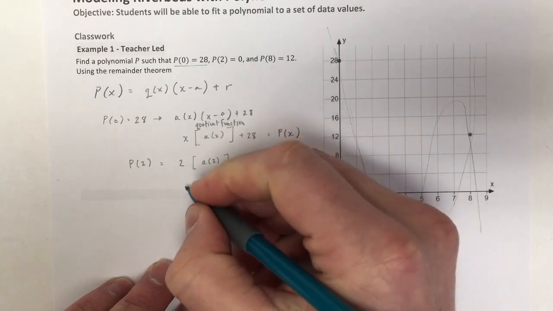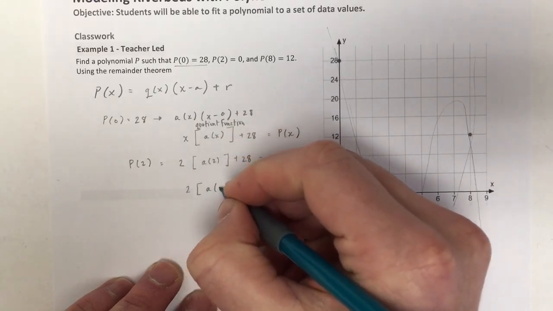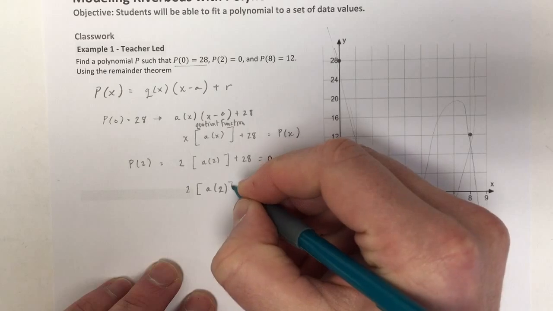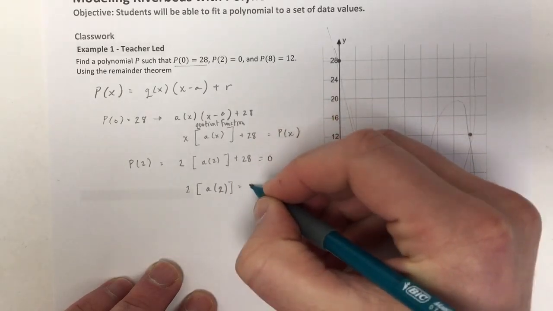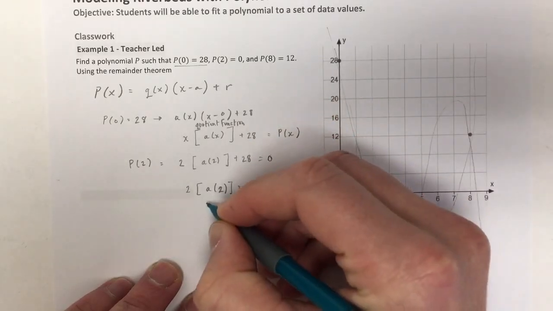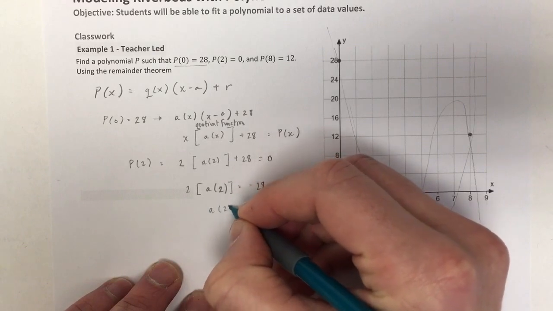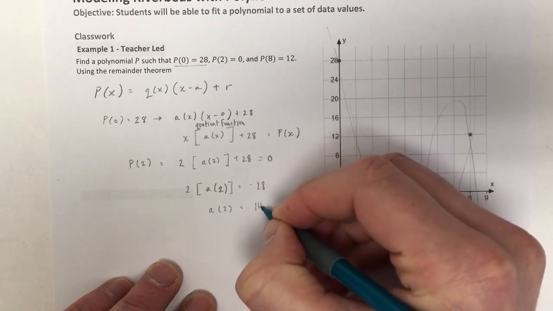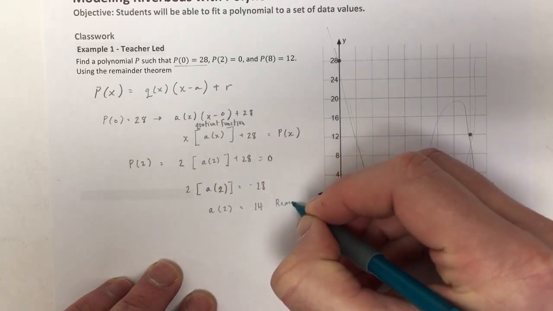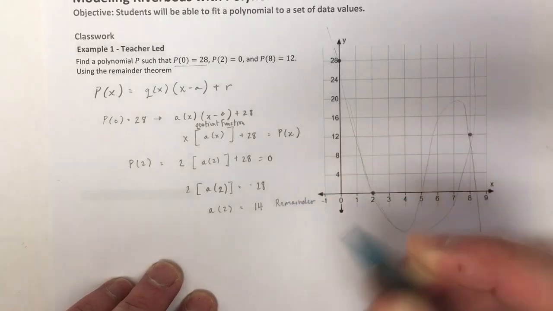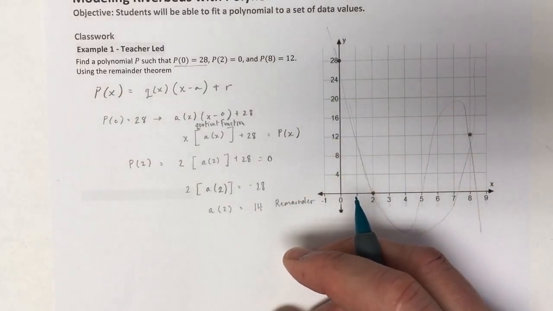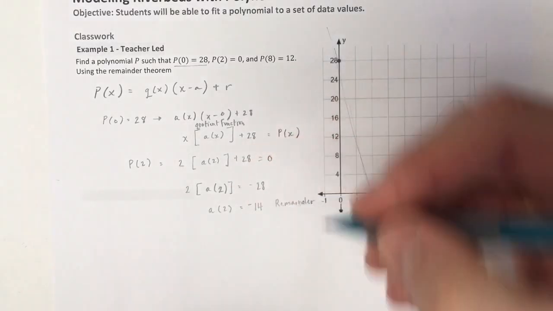And so 2 times a of 2 equals negative 28. Divide both sides by 2, so a of 2 equals negative 14, which is just another remainder. Oh, forgot my negative sign.